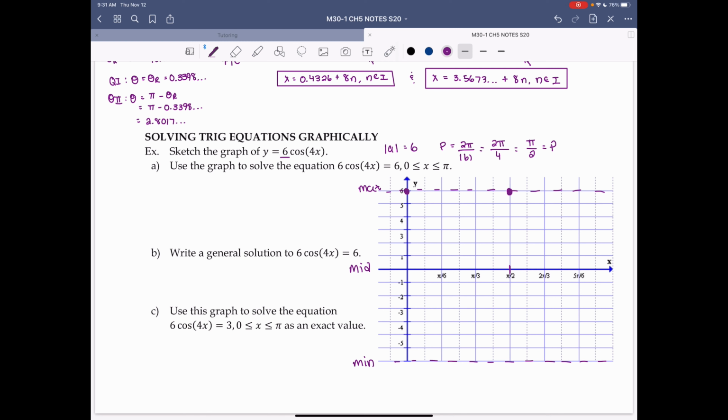Then we can use our pattern, so halfway between the two maximums, we need to be at a minimum. We have 1, 2, 3, 4, 5, 6 steps between the two maximums. So at 1, 2, 3, I would go down to my midline and put my minimum value here between pi over 6 and pi over 3.